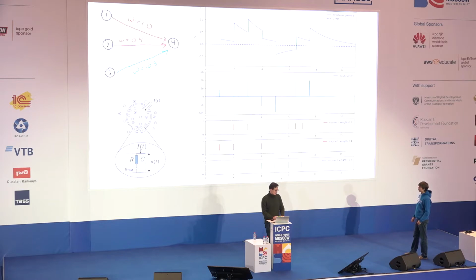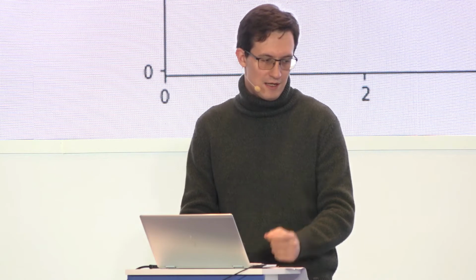Okay, and on the right there are 5 big plots. On the upper plot, you can see the behavior of the membrane potential. And on the bottom 3 plots, you can see the spike times of each presynaptic neuron. So, for example, on time step 1, the second neuron fires a spike, but the weight is rather weak, and so the increase in membrane potential in the upper plot is rather small. Then the exponential decay starts due to our differential equation.